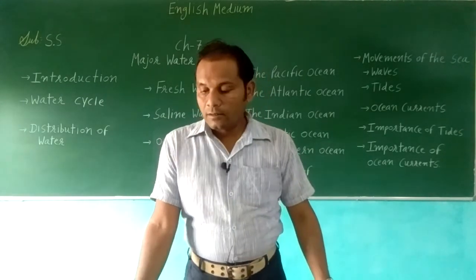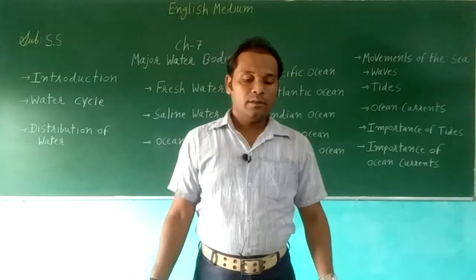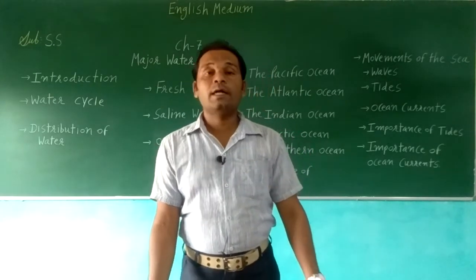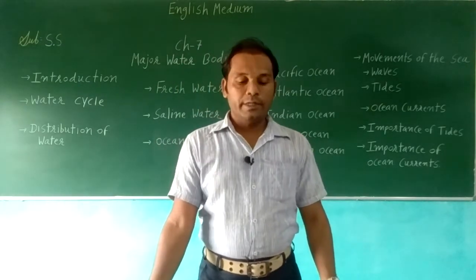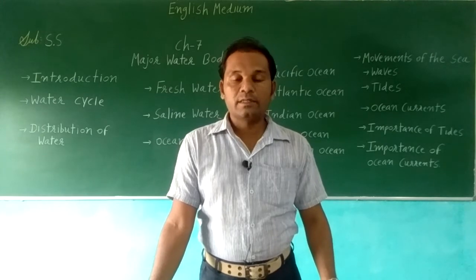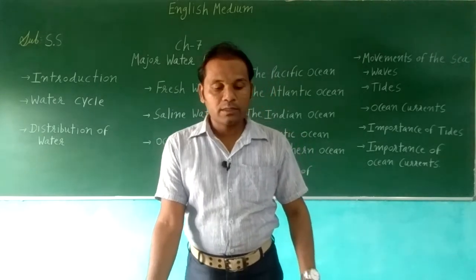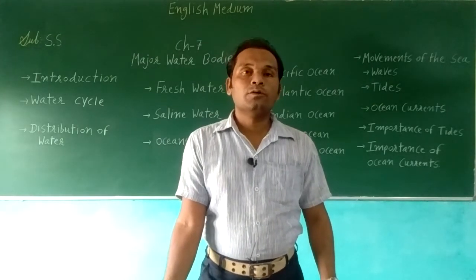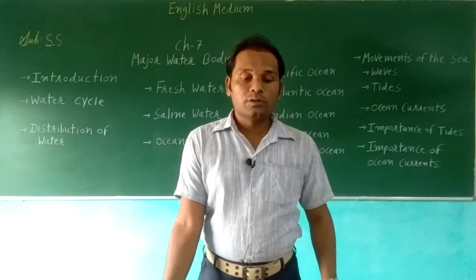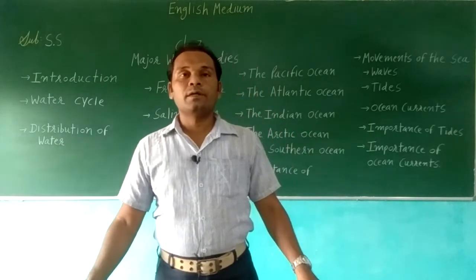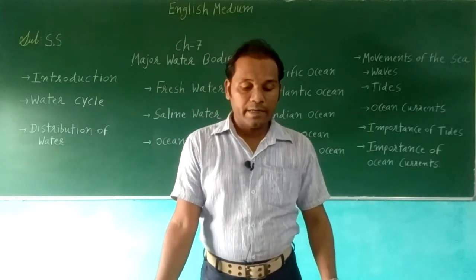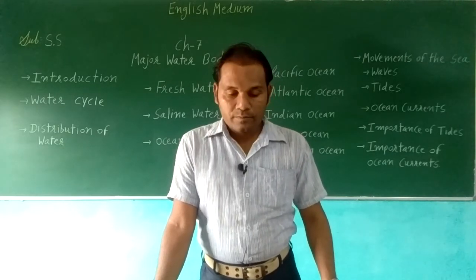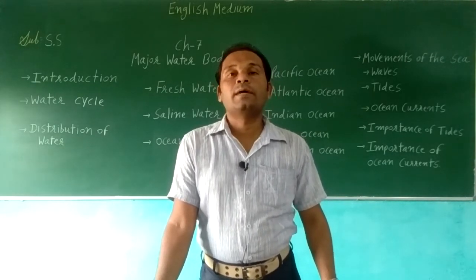Next is the ocean current. The horizontal movement of a large volume of ocean water in a definite direction along a definite path is called an ocean current. It depends on the depth, the earth's rotation, prevailing winds, surface changes, and changes in ocean temperature.